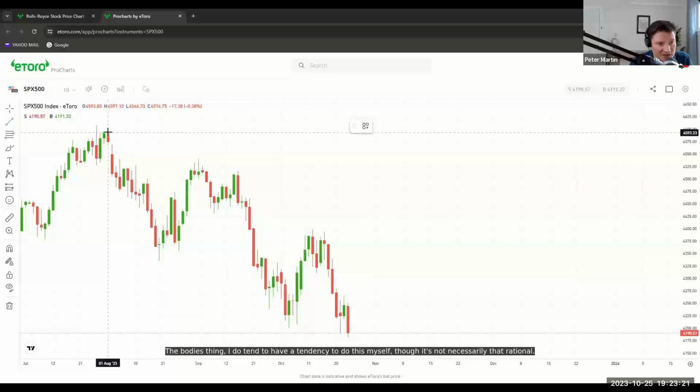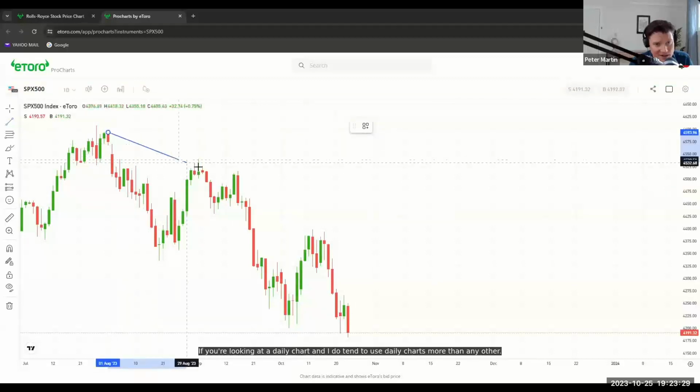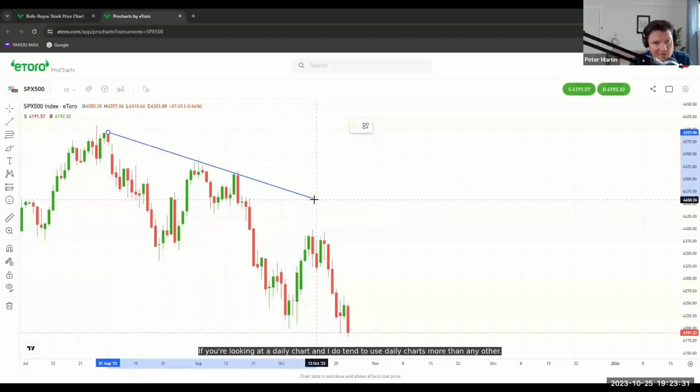The bodies thing, I do tend to do this myself, although it's not necessarily that rational. If you're looking at a daily chart, and I do tend to use daily charts more than any other, the body represents the open and the close, i.e. not intraday price movement.